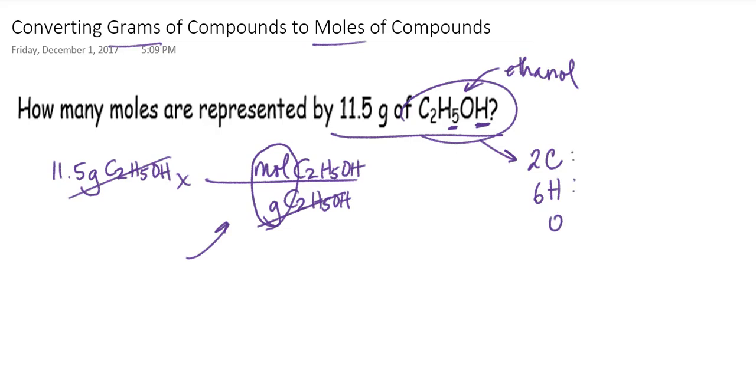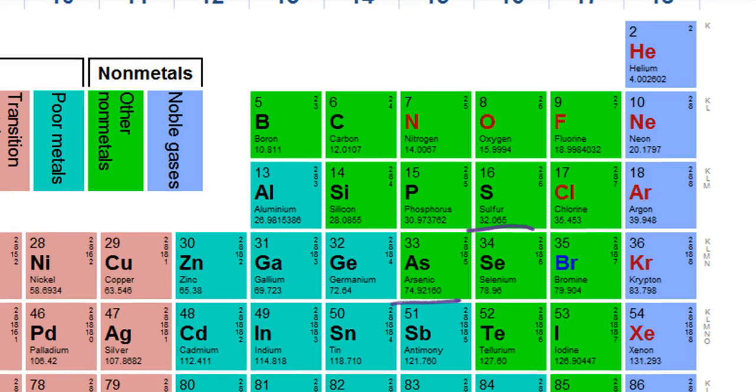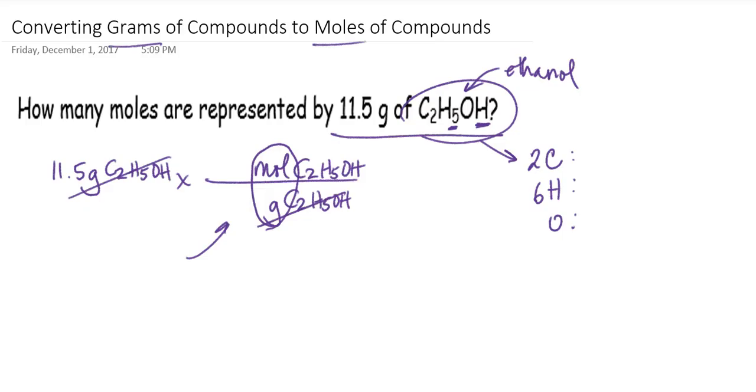So I will consult my periodic table. Carbon's molar mass is 12.01 grams per mole. So that would be 2 times 12.01 grams per mole for carbon's contribution to the molar mass in ethanol.